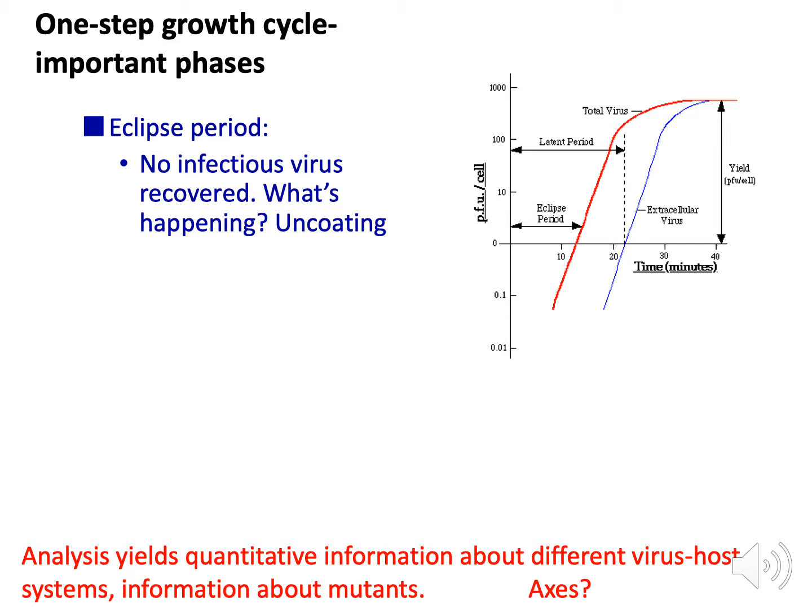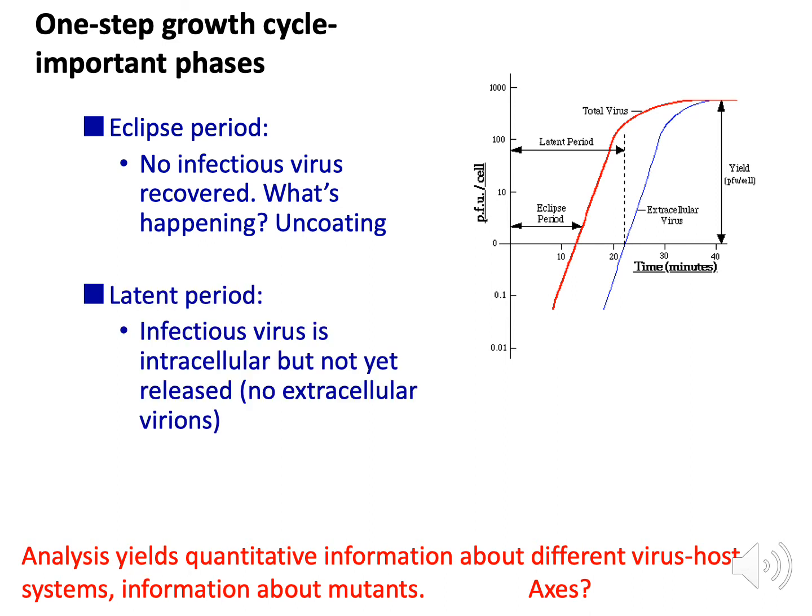You basically have what you put in. So what's happening during that phase? It's the uncoating stage of the viral life cycle. The proteins that surround the nucleic acid are being removed, so the nucleic acid can be delivered to whatever compartment it needs to initiate gene expression.